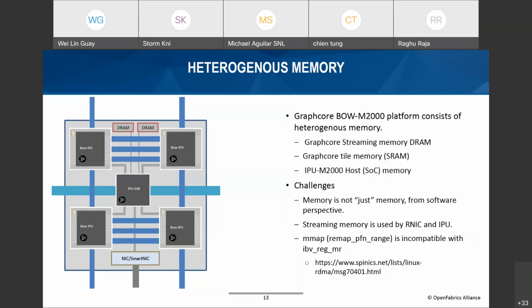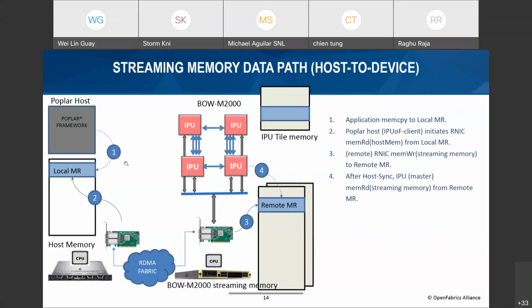Now we look into every single use case of how we transfer data to and from the IPU. First we look at the host-to-device data path via the streaming memory. Again, with the assumption that the communication has been compiled, the host IO data path is known. During compilation, Poplar, the graph compiler in this case, is able to know the size of the communication buffer, and then it informs IPUoF to register or pin the RDMA memory regions.